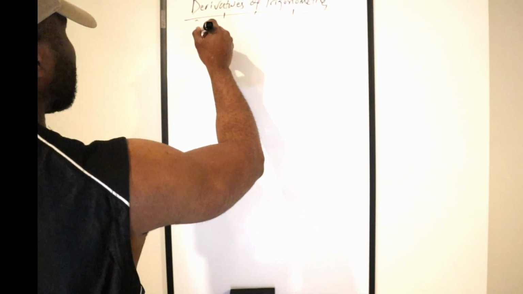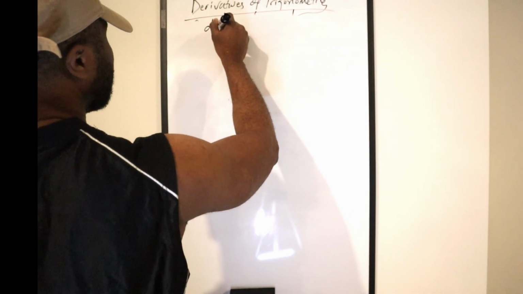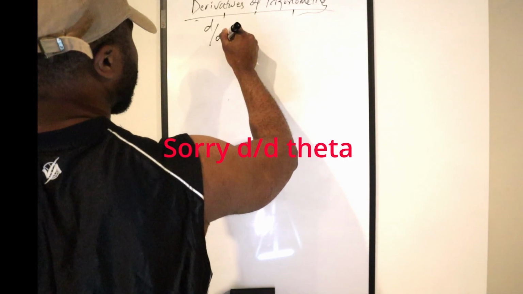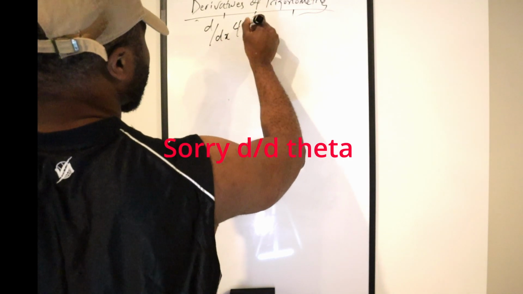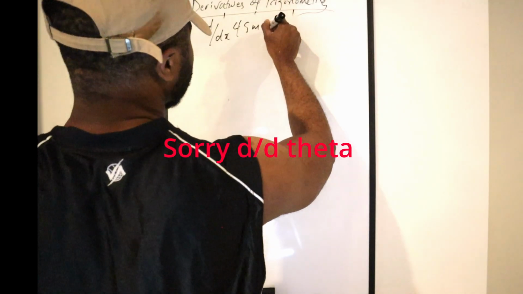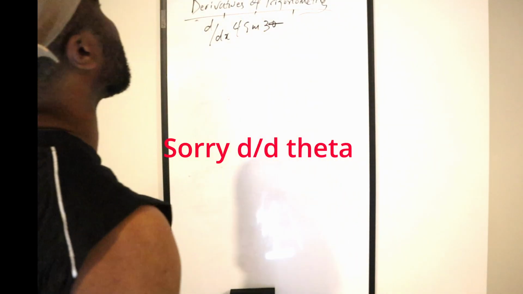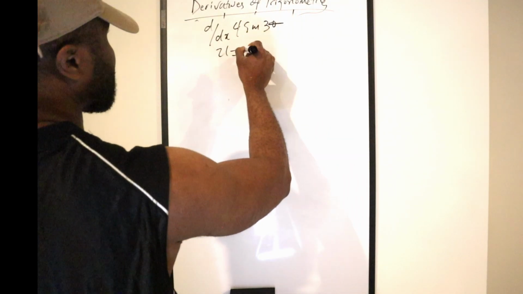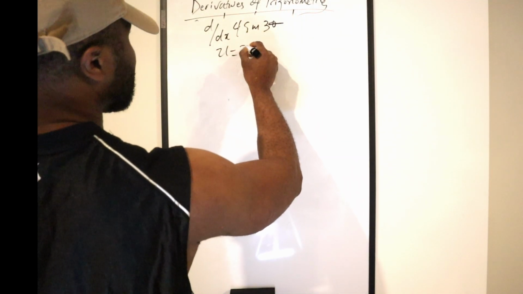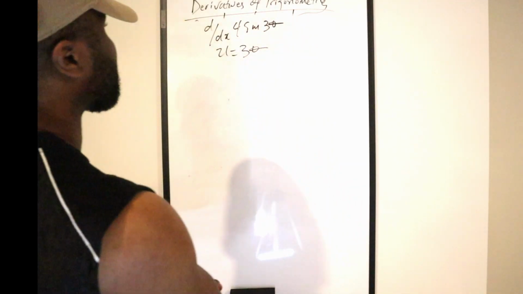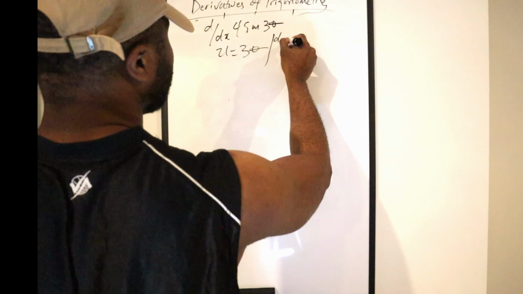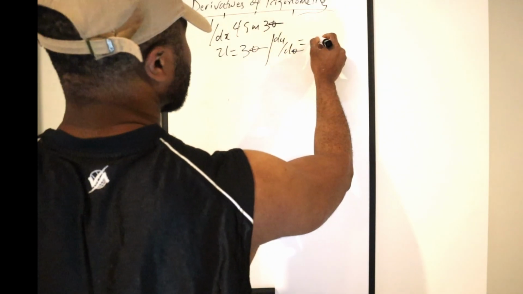Okay, if you have a problem, d over dx of 4 sine 3 theta, your u here will be equal to 3 theta, and you differentiate this, so du over d theta is equal to 3.